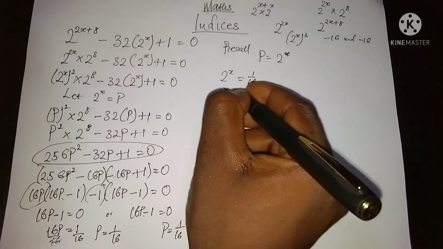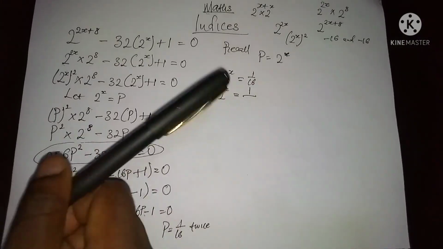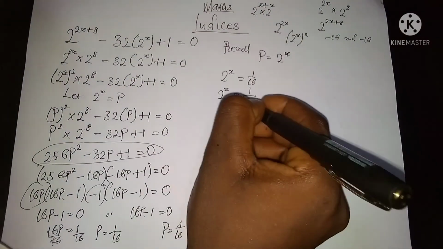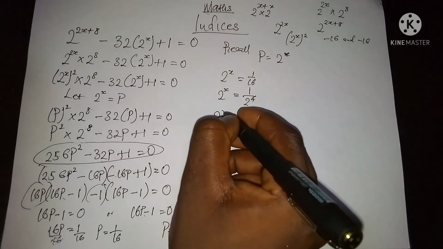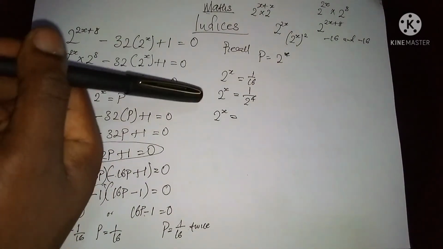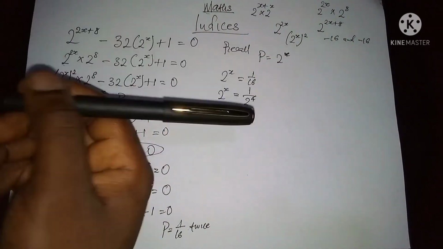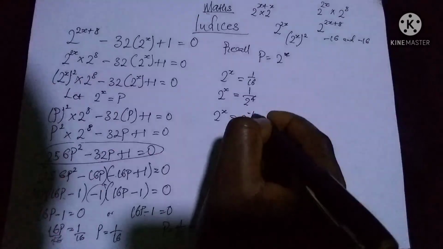I have 2 to the power of x is equal to 1 over 16. I will raise 2 to the power of 4 to get 16. So I have 2 to the power of 4. Now getting this fraction, which is 1 over, I'm going to replace it with a negative sign attached to the index, which is 4. So I have 2 to the power of minus 4.